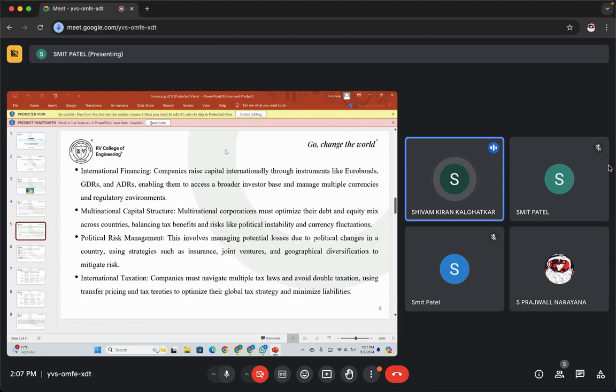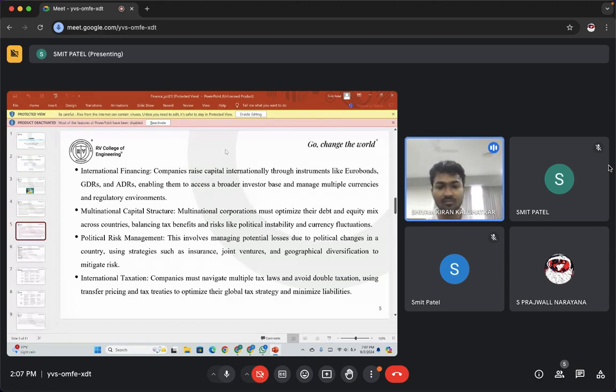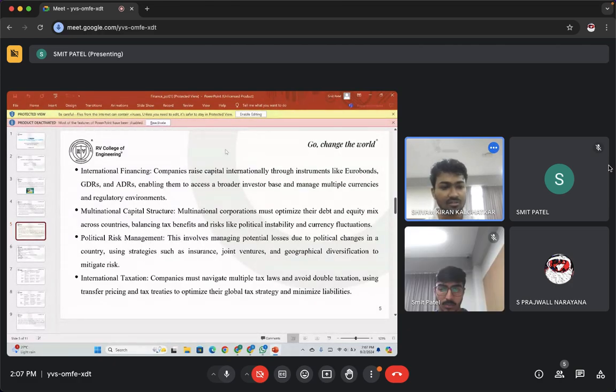Multinational corporations must optimize their debt and equity mix across countries, balancing tax benefits and risks like political instability and currency fluctuations, as it also depends on the government which favors these multinational corporations. This helps in benefiting them through taxes and getting cheap labor.